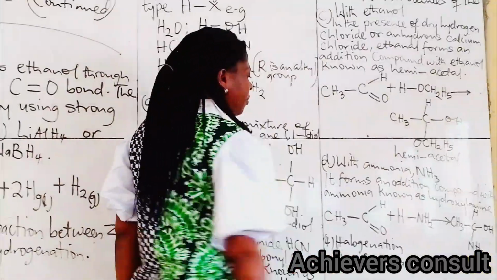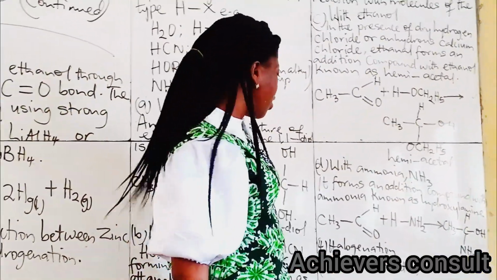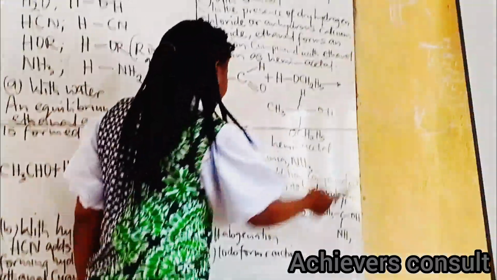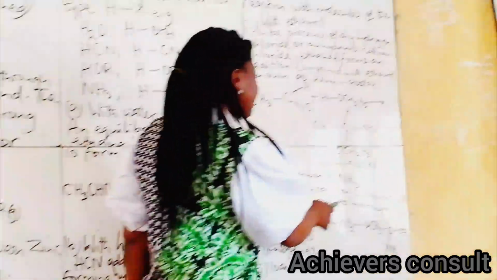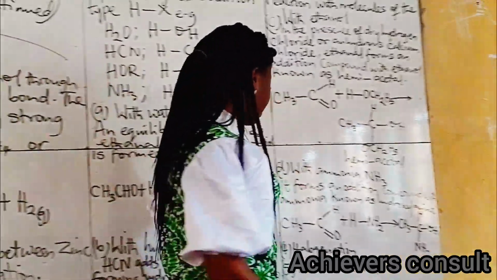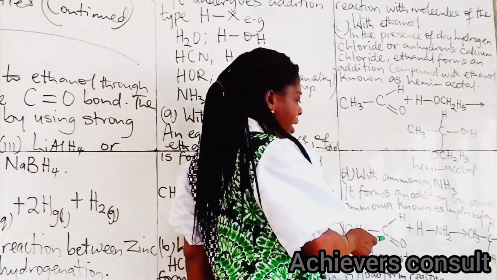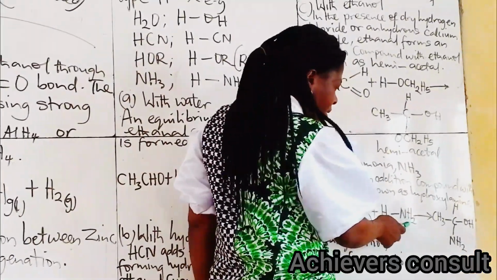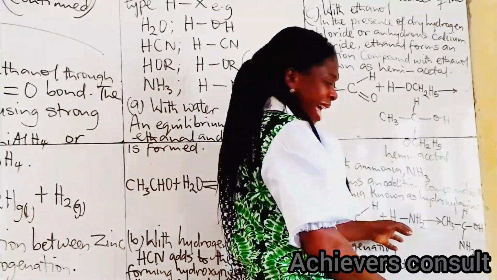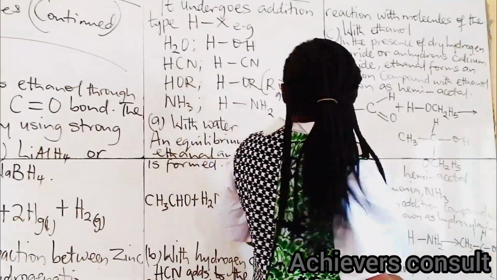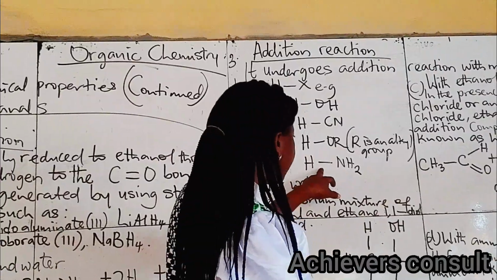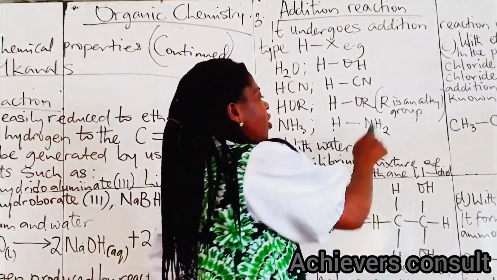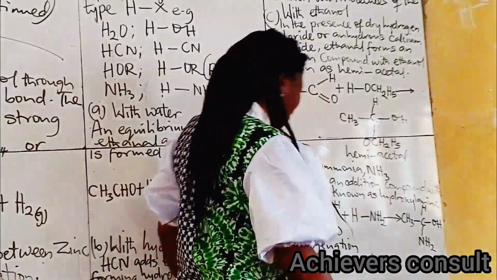Then addition reaction with ammonia. It forms an addition compound with ammonia known as hydroxyamine. This ethanal plus ammonia, NH3, is NH2 because one hydrogen is detached. You know, we showed you how it goes. It gives hydrogen to this side, then the other one goes to the other compound.